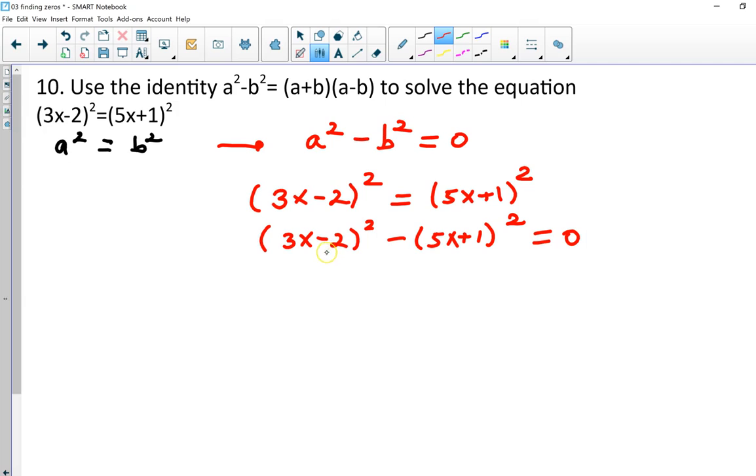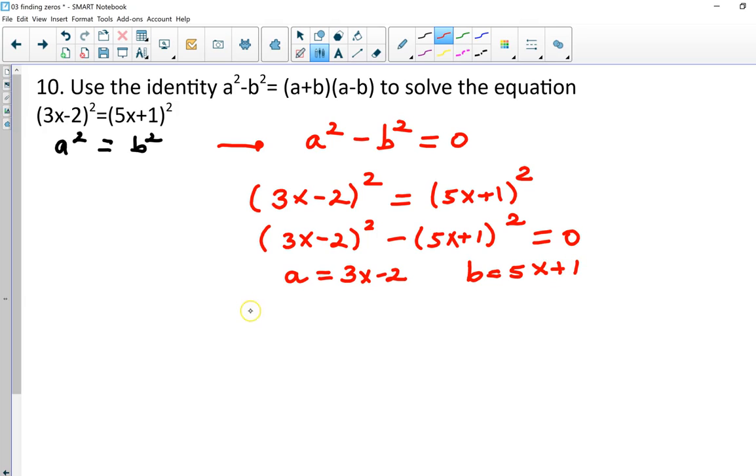But what is a? A is the thing before it was squared, or what's inside the parenthesis, which in this case is 3x minus 2. What's b? B is what's inside the parenthesis before we squared it, so b is 5x plus 1.